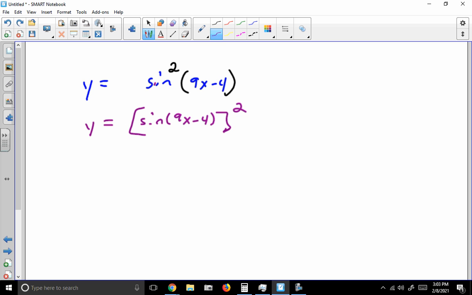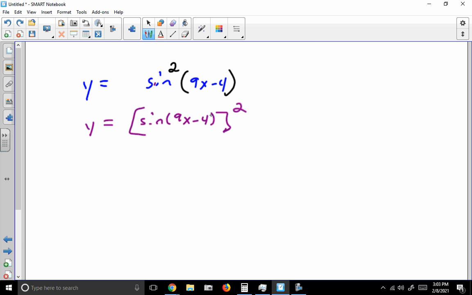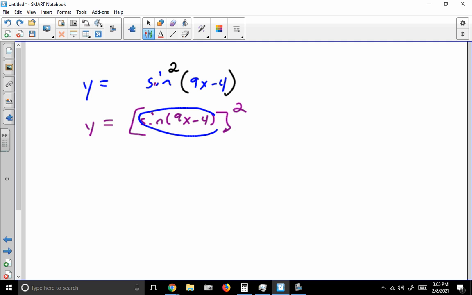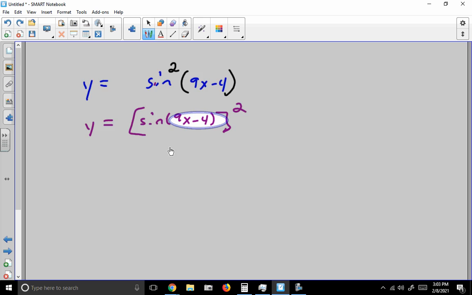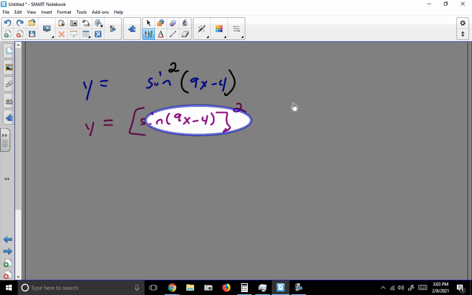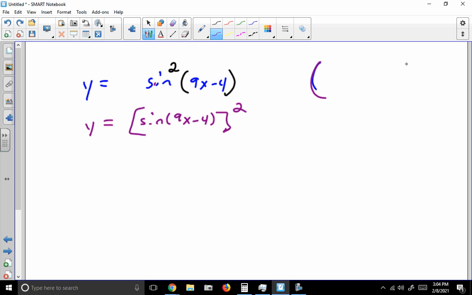Whatever sine is, squared. So here we have 3 layers. We have this input. That's the input to that. And then that's the input to something squared. So 3 layers: the outside, a layer in the middle, and then the layer inside there.